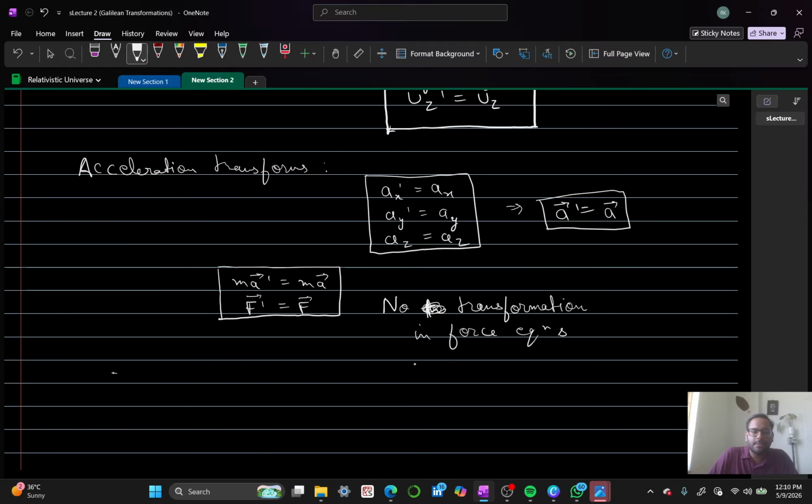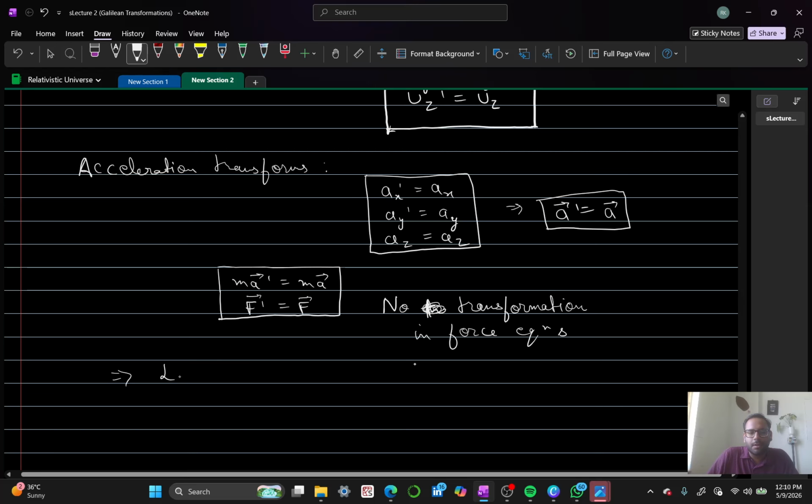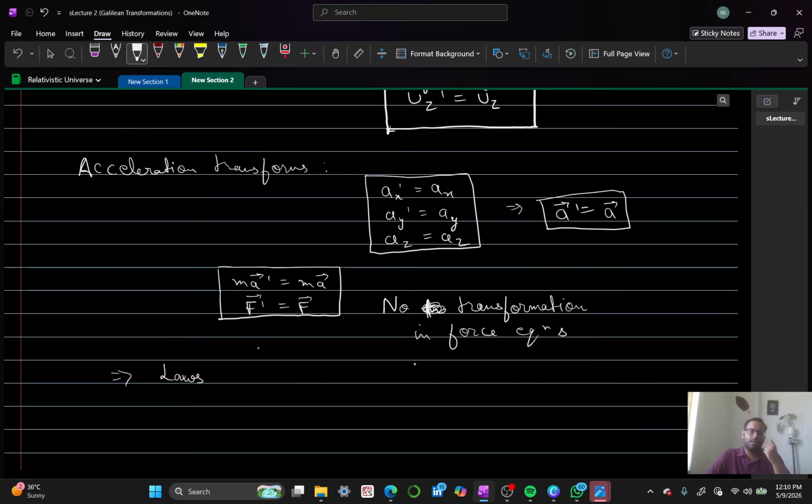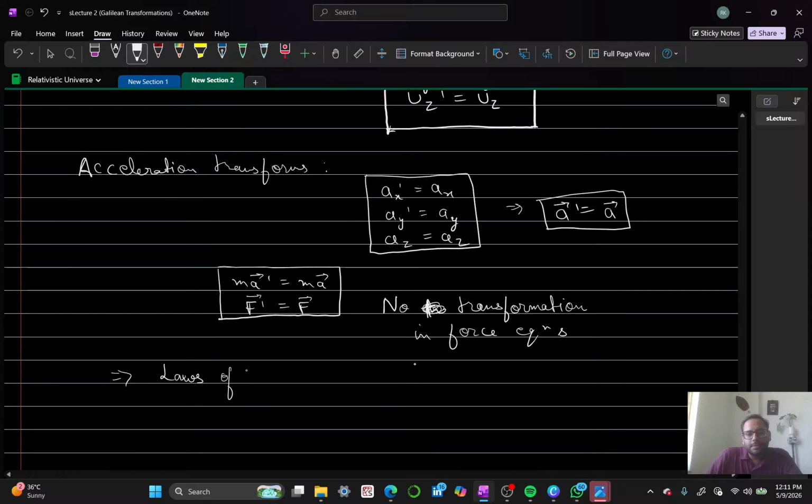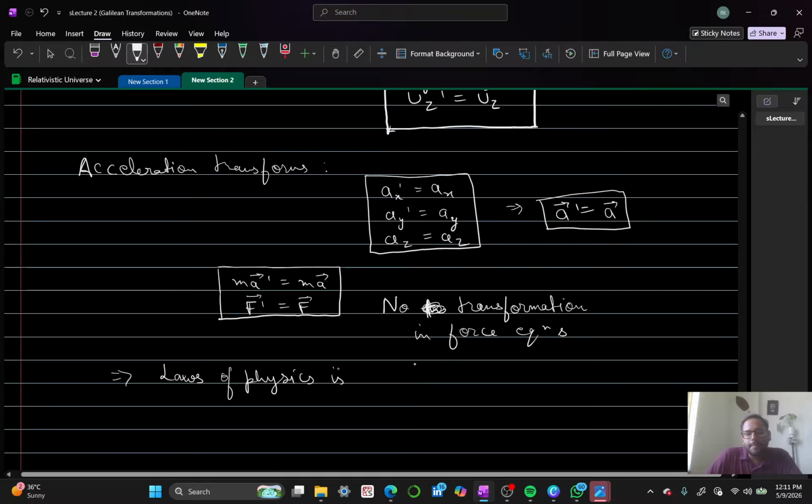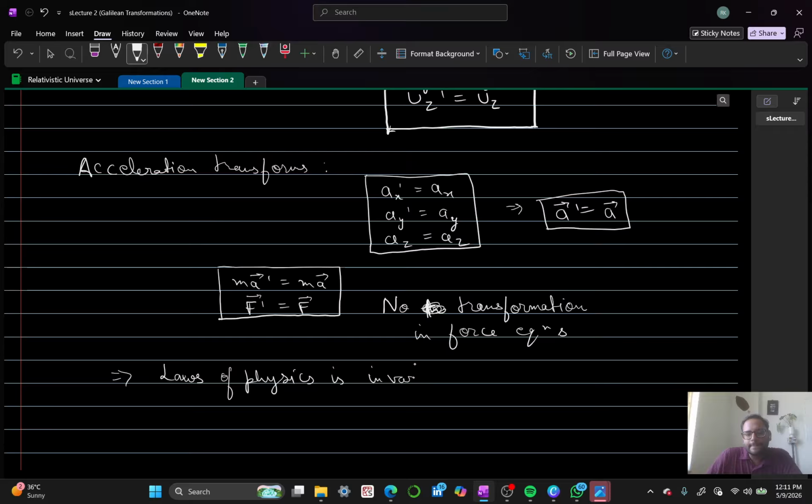This also implies that the laws of physics, that is Newton's laws, or you can check other laws too, like conservation of momentum and all, the laws of physics are invariant under Galilean transformations.